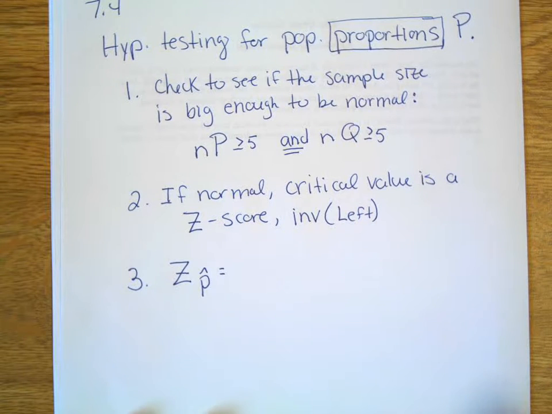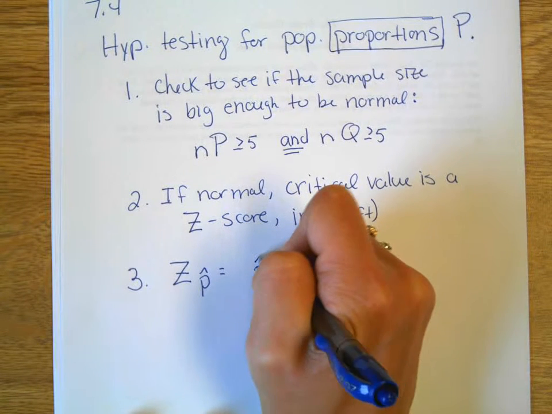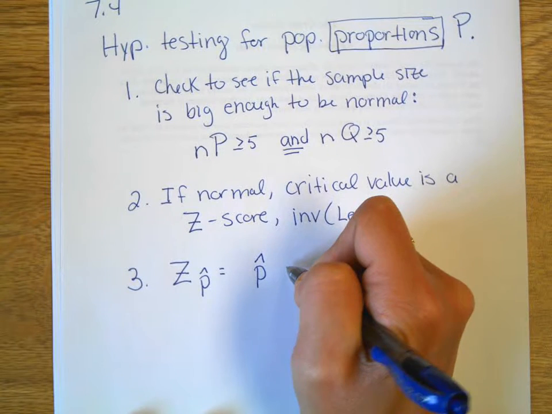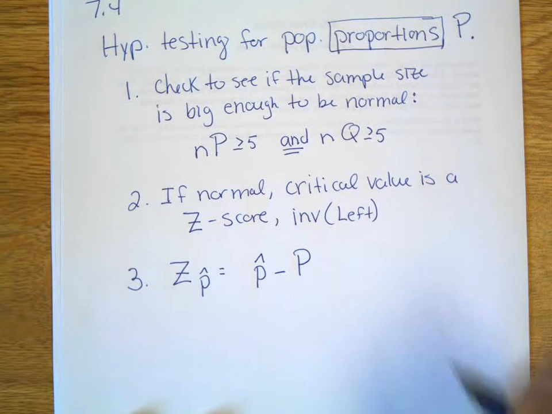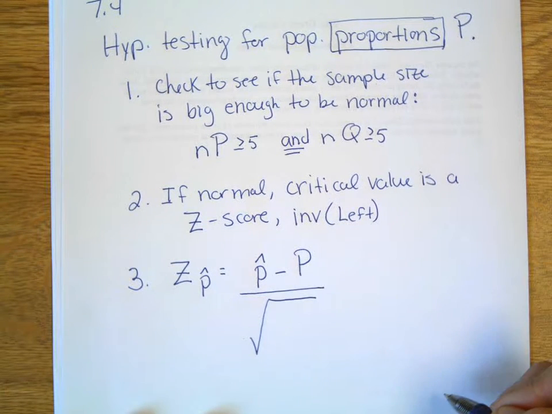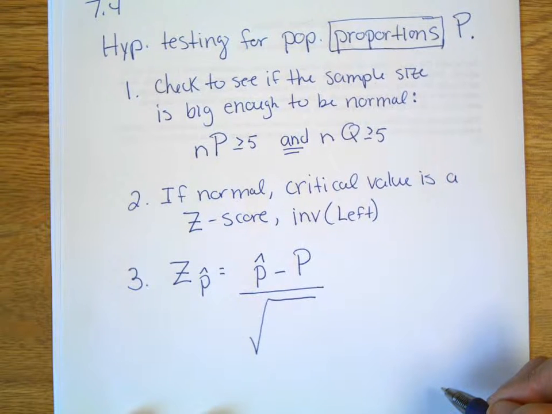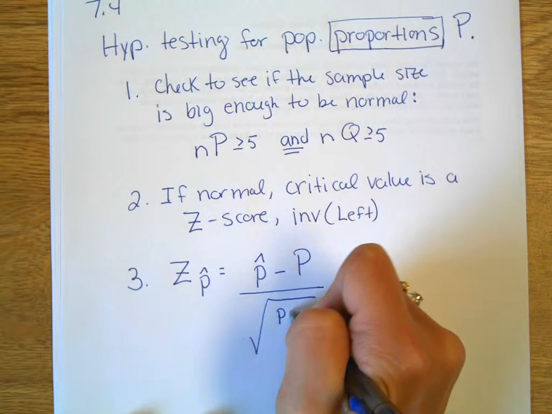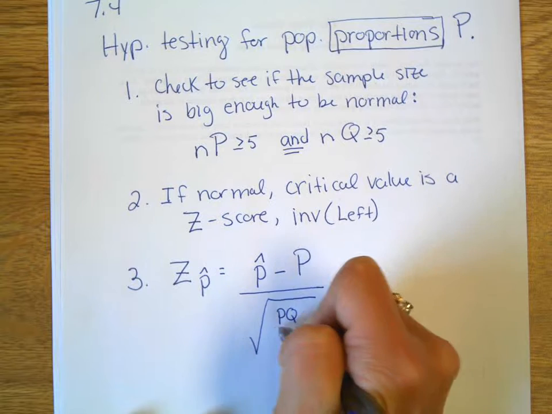Right. So the formula you're going to use here is P hat minus the proportion from the claim, divided by the square root of P times Q over N.